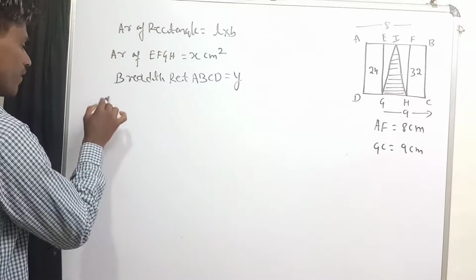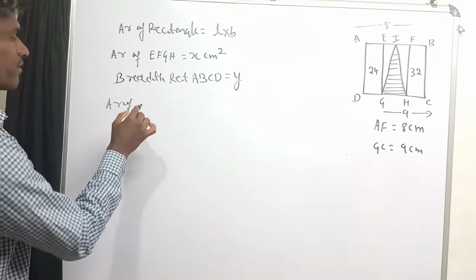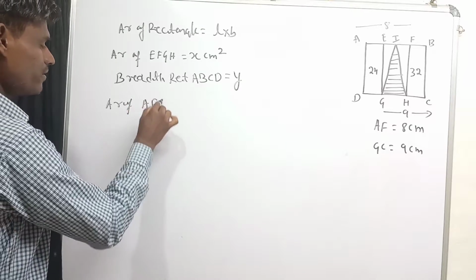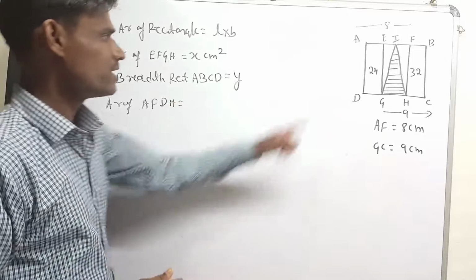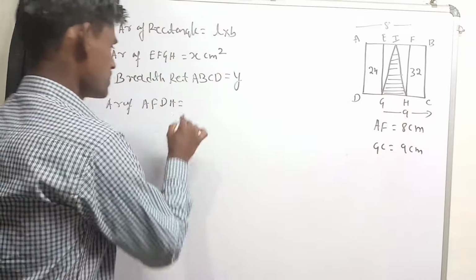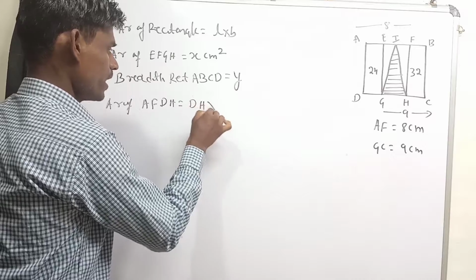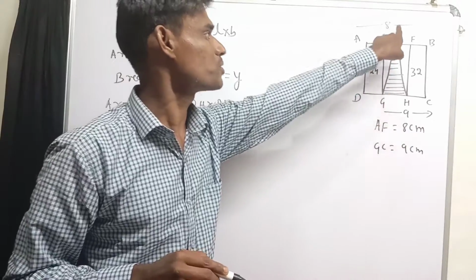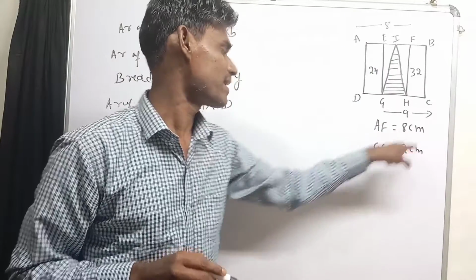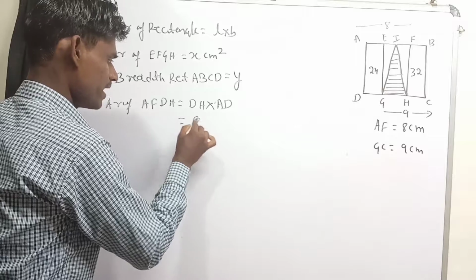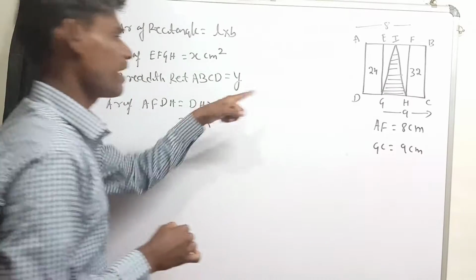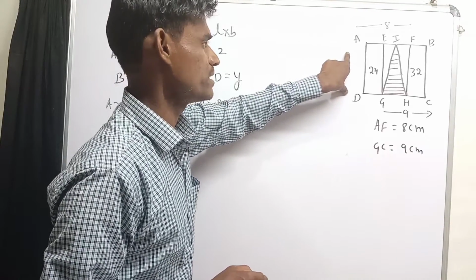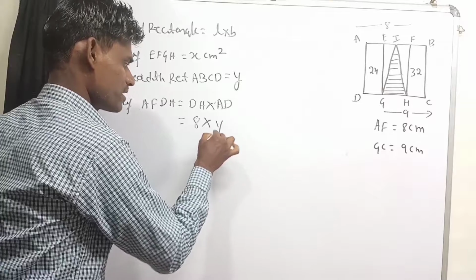First, I am going to find out the area of rectangle AFDH, which has length DH into breadth AD. Length of DH is equal to length of AF, which is given as 8 centimeter. So I am going to write it as 8 into AD, the breadth, which I am considering as y.